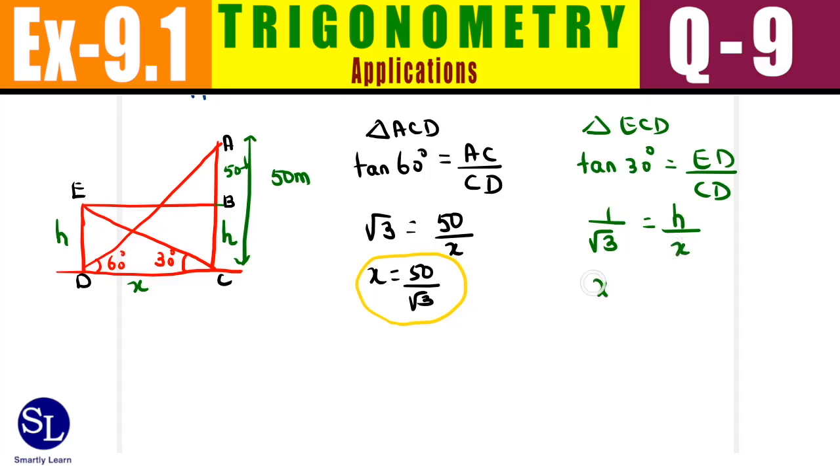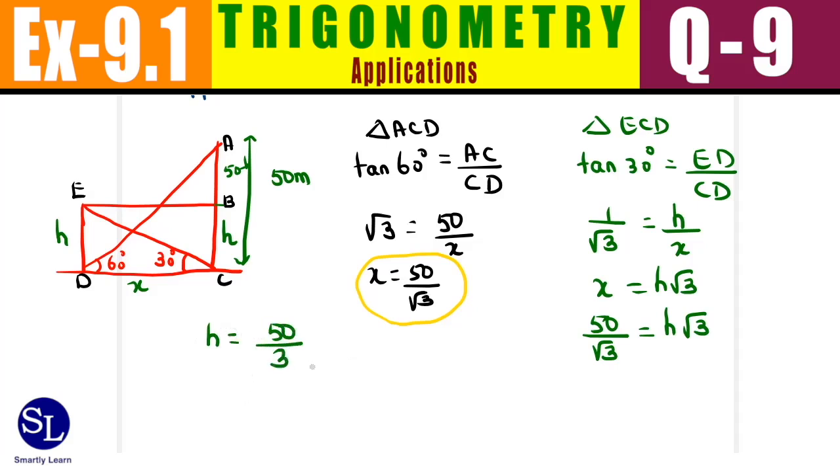So X is going to be H root 3. I'm going to substitute this value that we got here, which is 50 by root 3 for X. So 50 by root 3 is equal to H into root 3. So H value is nothing but 50 divided by 3.